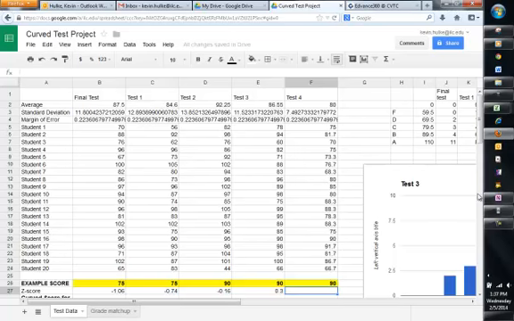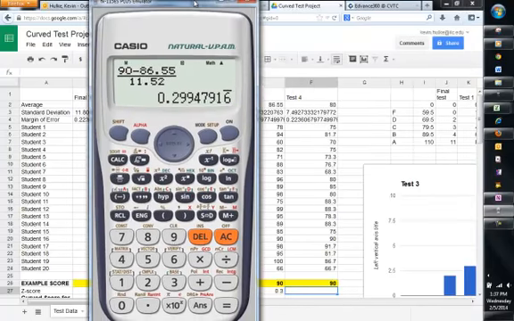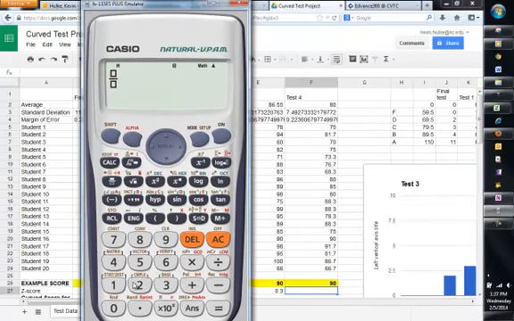Let's look at the last test. So we have the fraction 90 minus 80 over 7.49.